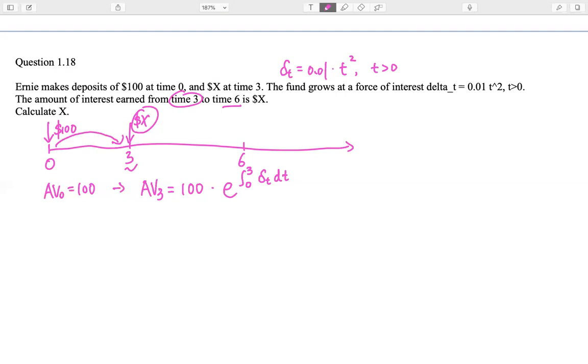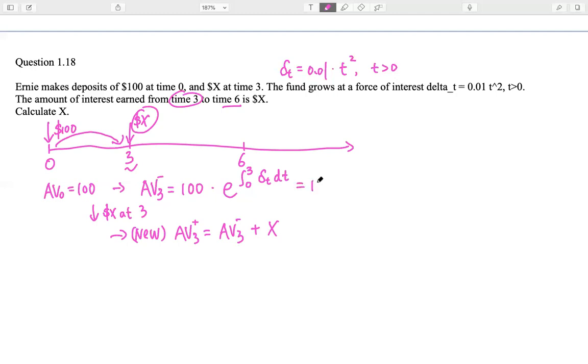Next, I deposit another at time 3. That means after that deposit, my new account value, I still use AV3. Let's put a minus sign to denote that it is before the deposit, and a plus to denote that it's after. So that will be the account value before the deposit plus the amount I deposit, right?